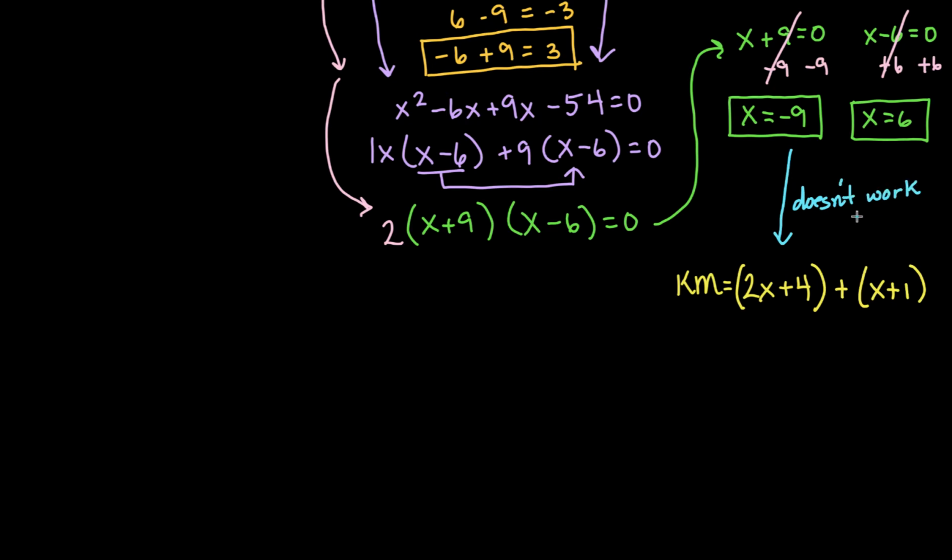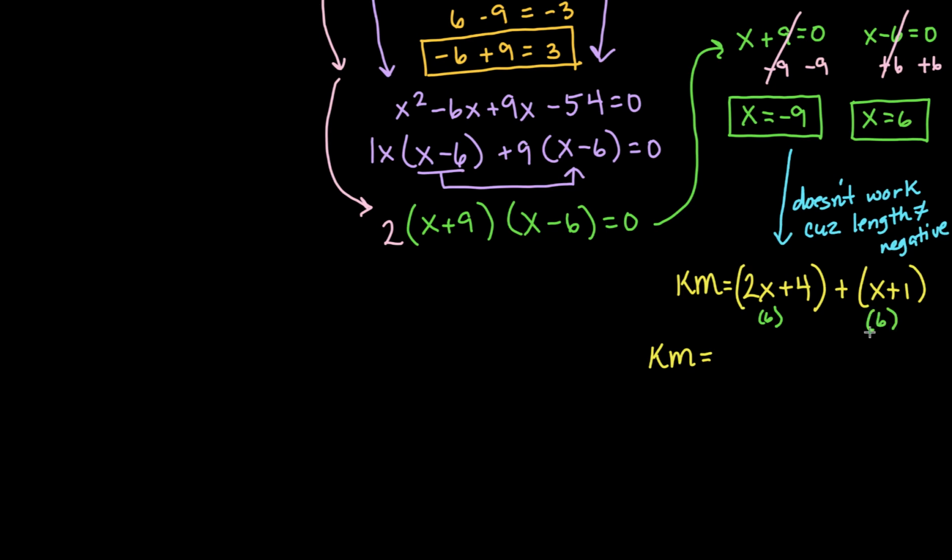Because then it makes the length negative. Because length cannot equal a negative number. So let's use this positive version. So km equals, I'm going to put 6 here.